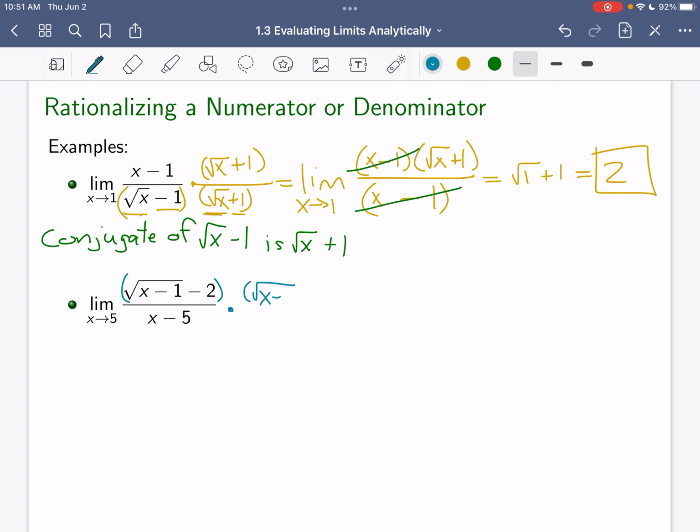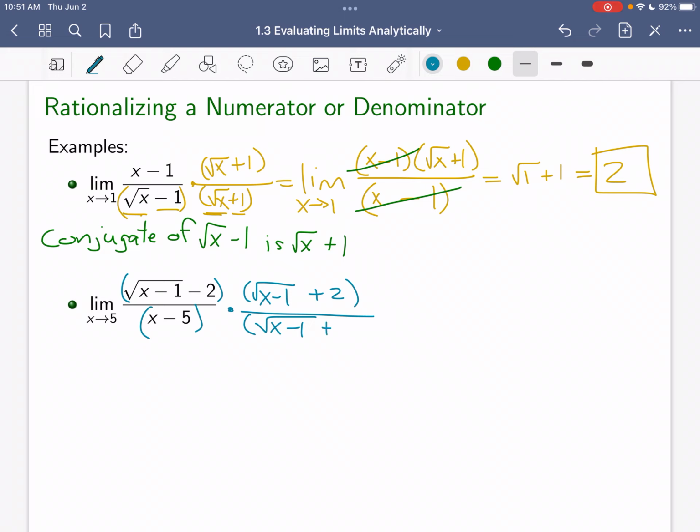So the square root of x minus 1 plus 2 is our conjugate. And so the stuff underneath the square root stays the same. The thing that you're going to change is outside of that. So that was a minus, it's going to become a plus. So I'm multiplying the denominator by that same thing. Otherwise, I've changed the problem.